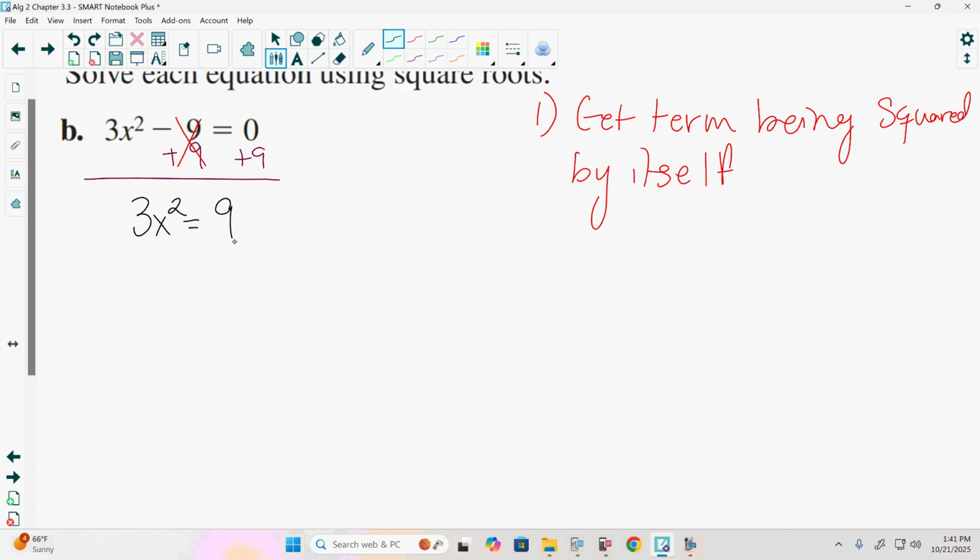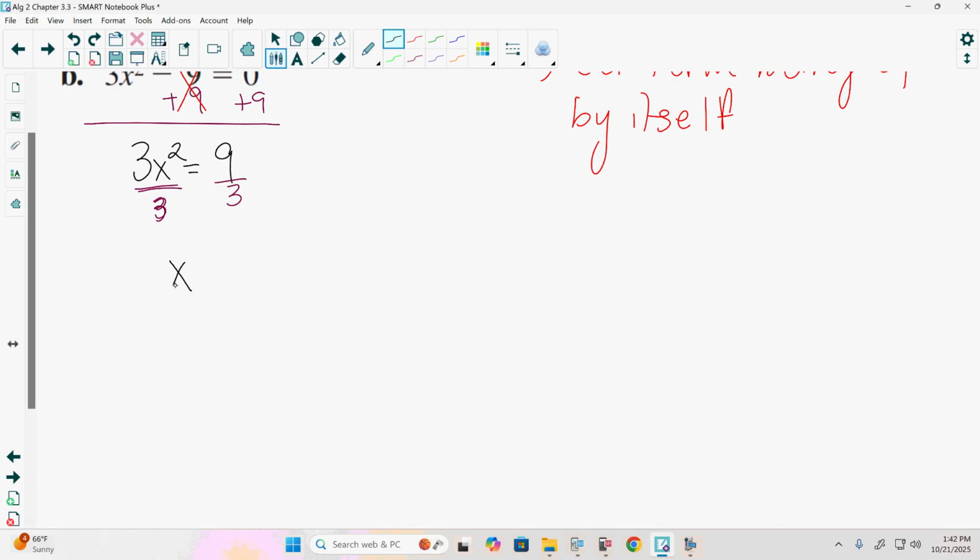Now, the x squared term is not by itself yet, so we still have to divide both sides by 3. And 3x squared divided by 3 is going to be x squared. 9 divided by 3 is going to be 3. So here we've done the first main step. The first main step is to get the squared term by itself.